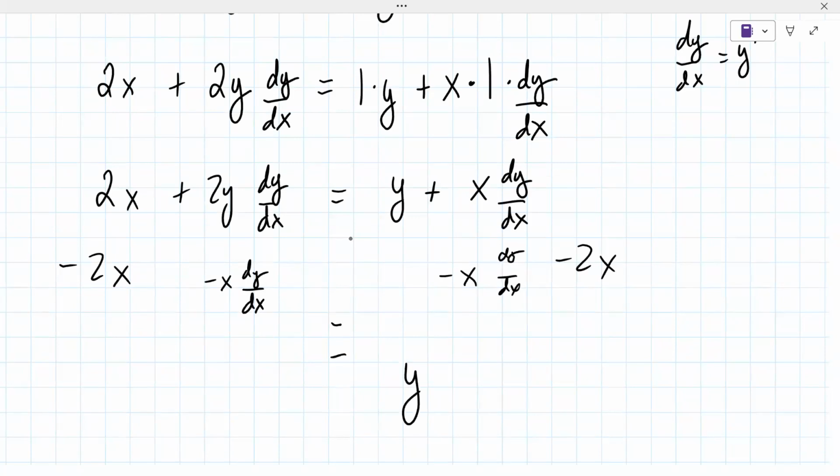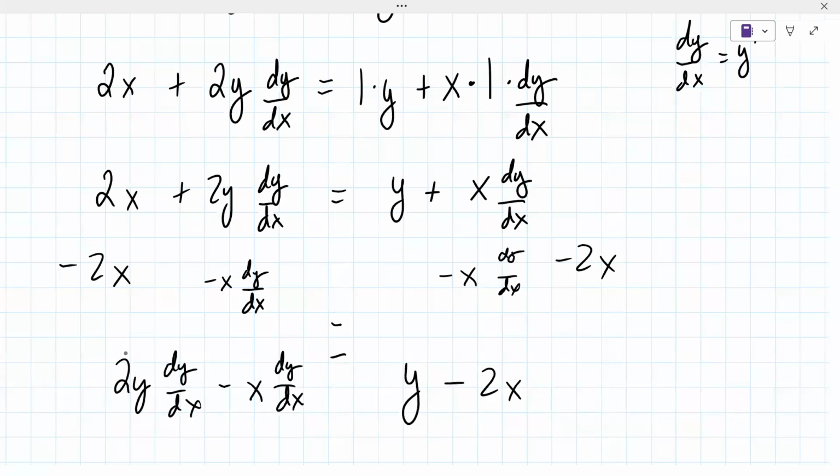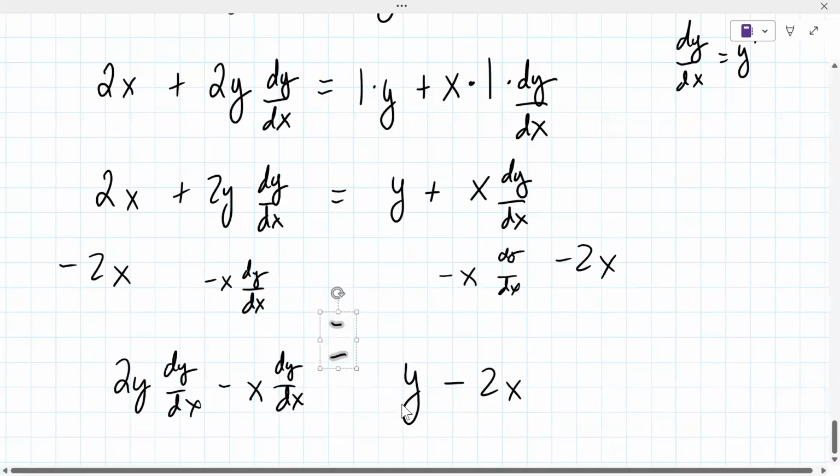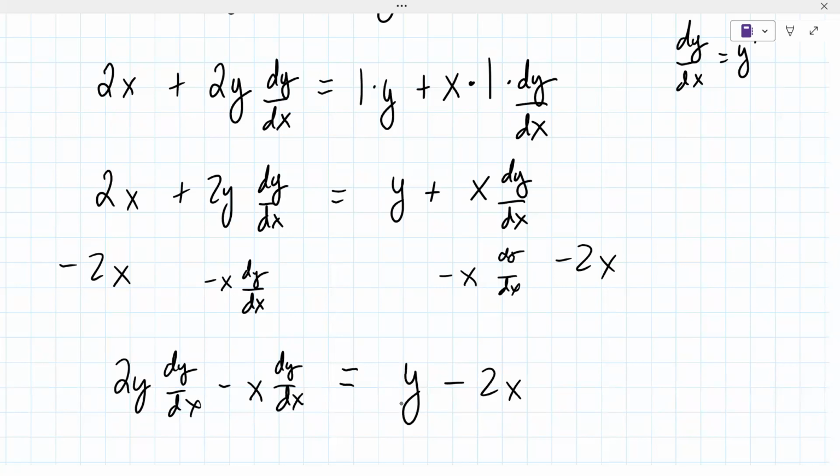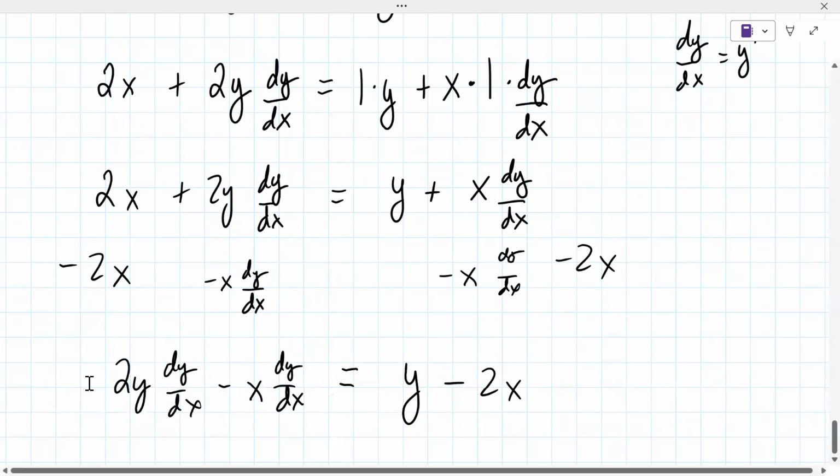So the right side is y minus 2x. Do you see where those came from? Yeah. And then the left side is 2y dy dx minus x dy dx. You will move some number of terms left and right. Can't say how many, but you will.